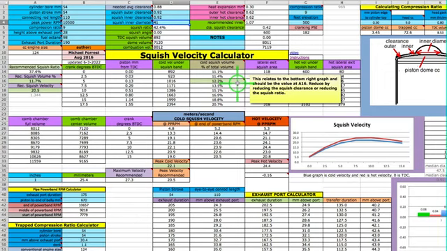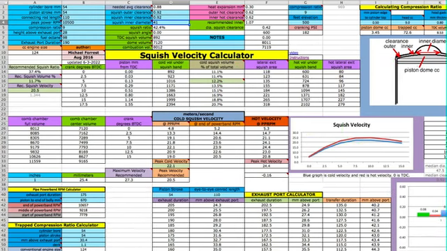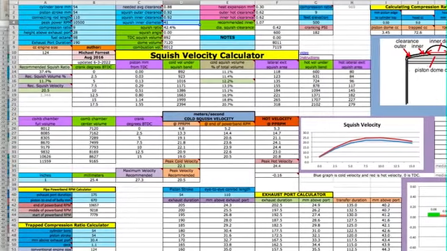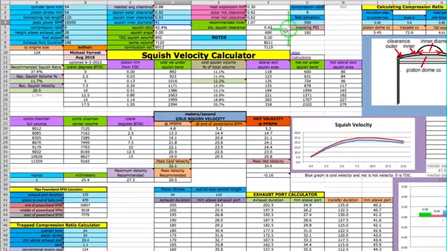So if you look on this graph over here, you'll see from the ideal we've got more squish velocity and more squish volume. So going back to what it was.